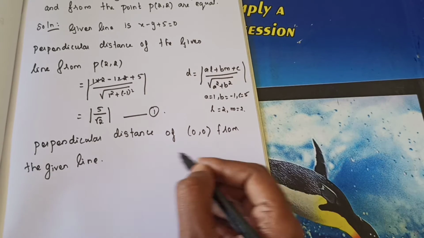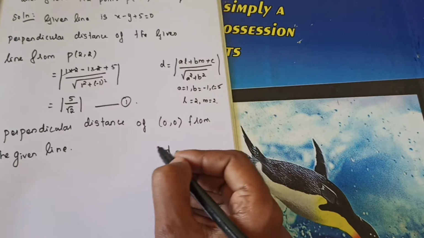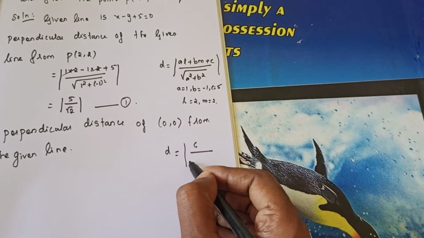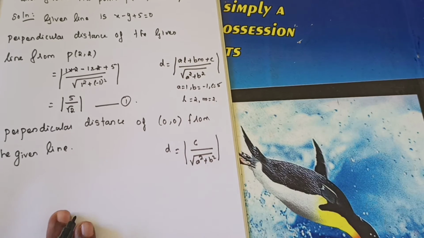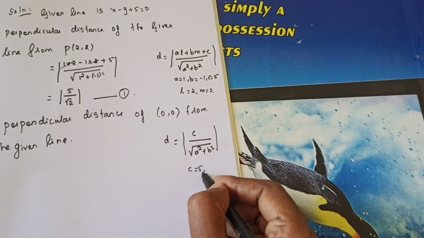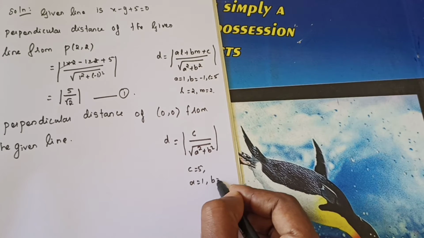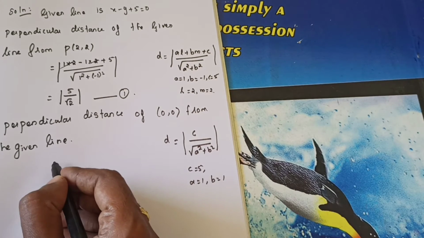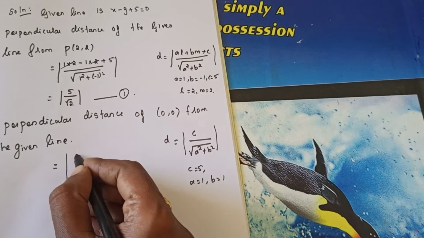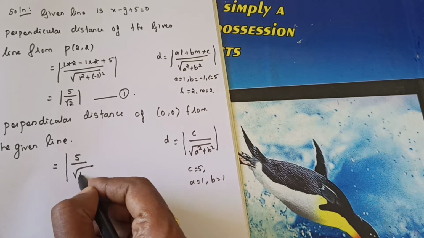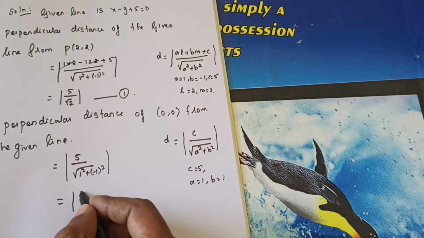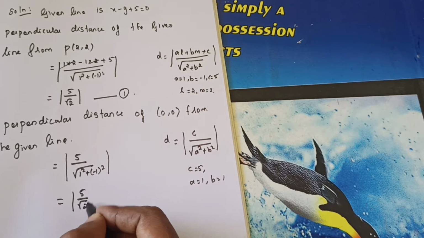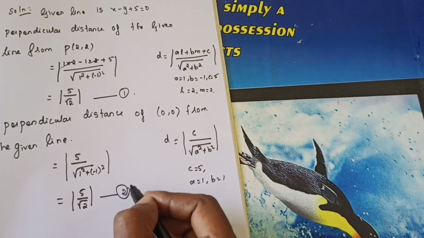Write down the formula here. D is equal to modulus of C divided by square root of A square plus B square. What's the C value? 5. A value is 1, B value is minus 1. Substitute here: modulus of 5 divided by square root of 1 square plus minus 1 the whole square, that's equal to modulus of 5 by root 2. So this is equation number 2.